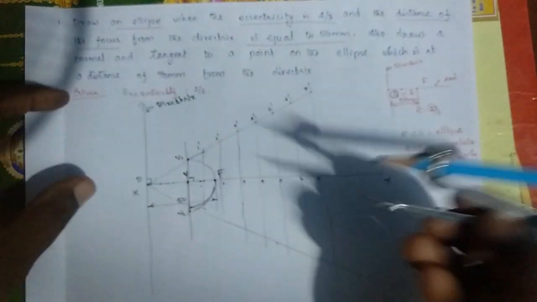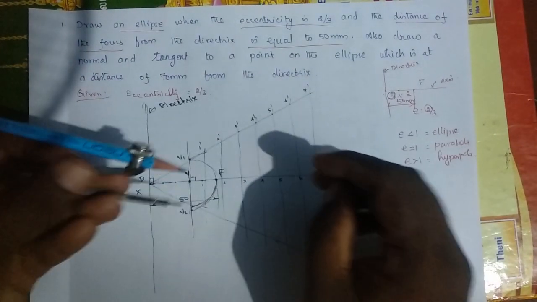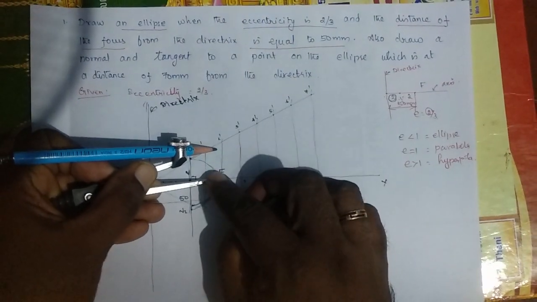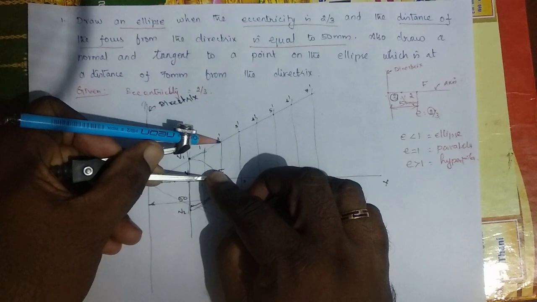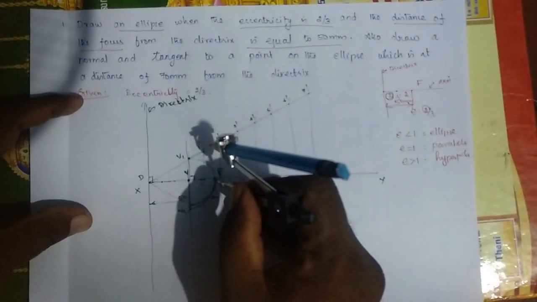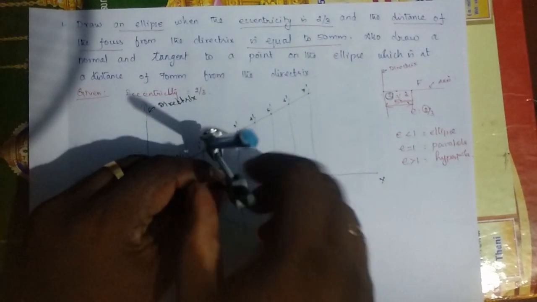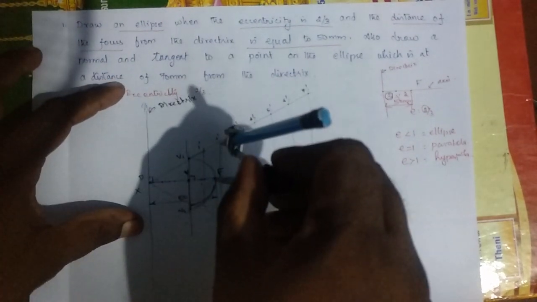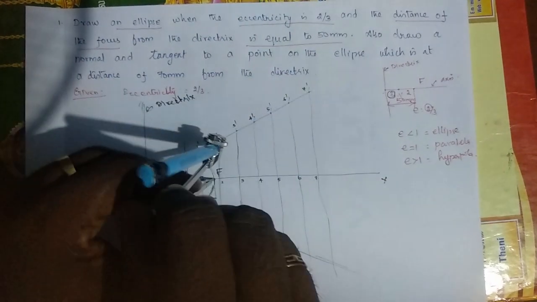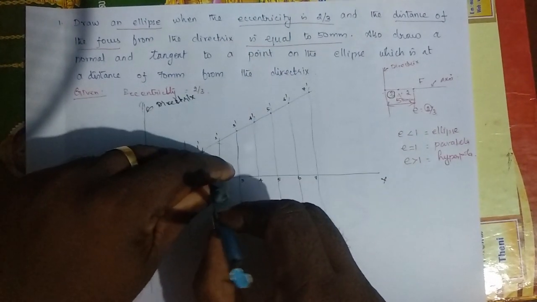Just draw a curve arc on the particular line, so where you get the distance. Okay, so similarly now from 2 to 2 dash, I am taking the distance, and from focus I just draw the arc where we get the distance.